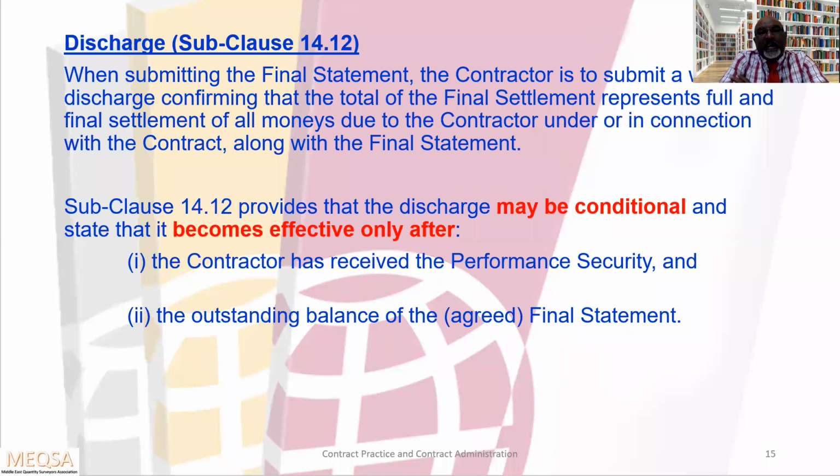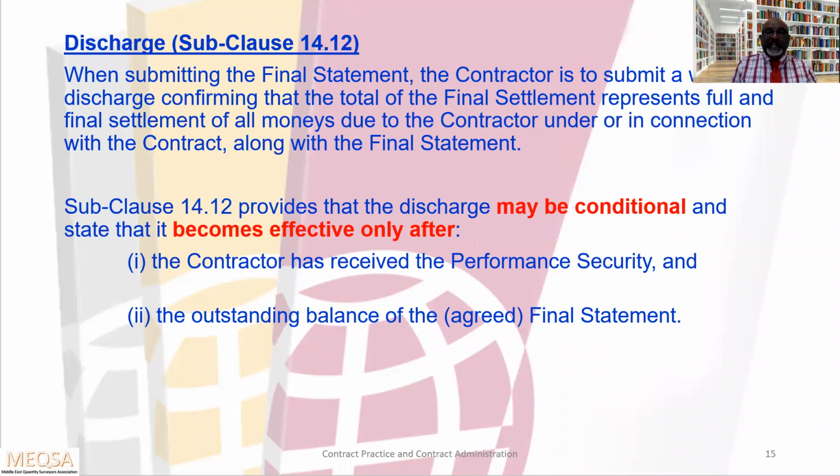While giving this discharge certificate, they will put two conditions. You can see here, Subclause 14.12 provides that the discharge may be conditional and state that it becomes effective only after the contractor has received the performance security and the outstanding balance of the agreed final statement.